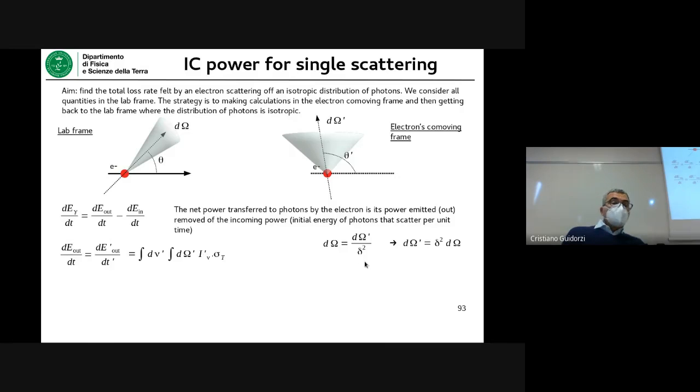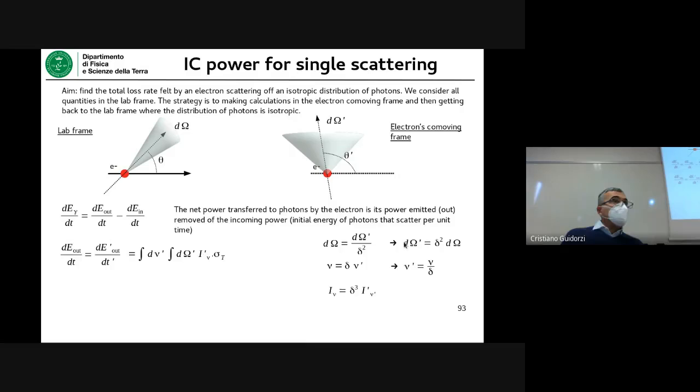But here we need to use the inverse transformation, so we need to go from the prime system to the unprime system, just this way. What about frequency? When you move from the comoving to the lab frame, you gain an extra factor of delta. Again, you have to consider the inverse transformation. So nu prime is nu over delta.